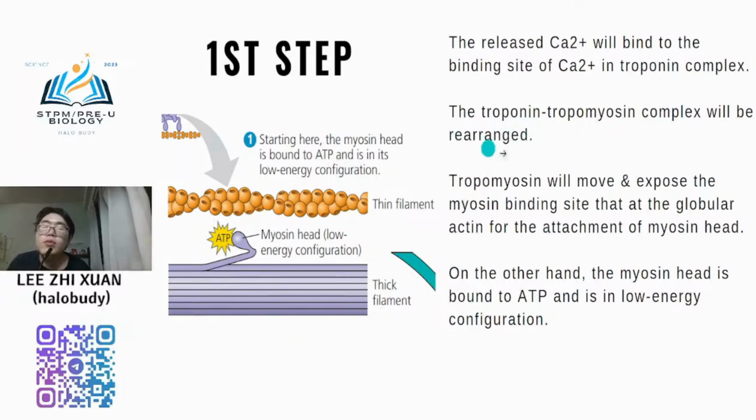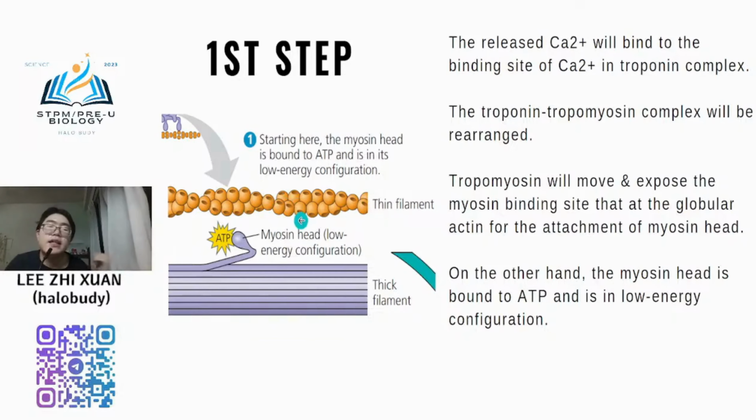As a result, the tropomyosin will move and expose the myosin binding site on the globular actin for the attachment of the myosin head. That is why you see this diagram does not contain tropomyosin, because it has already been rearranged to expose the binding site.